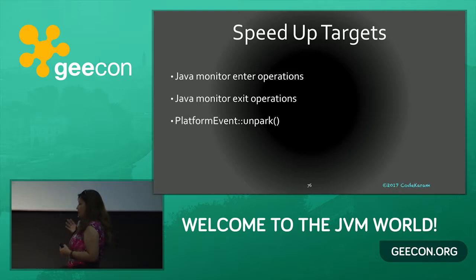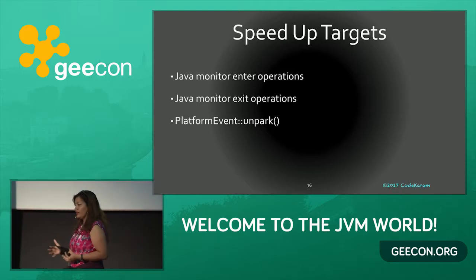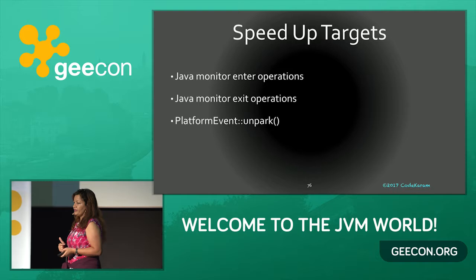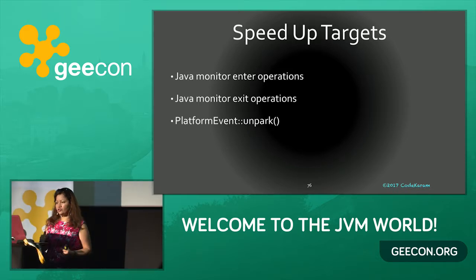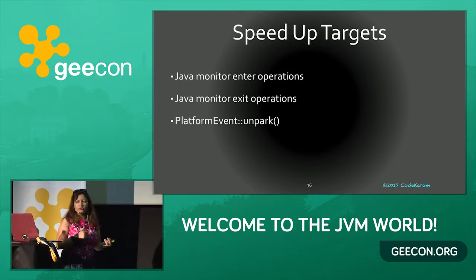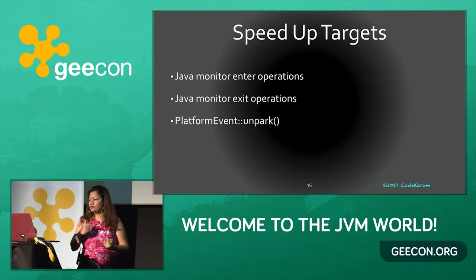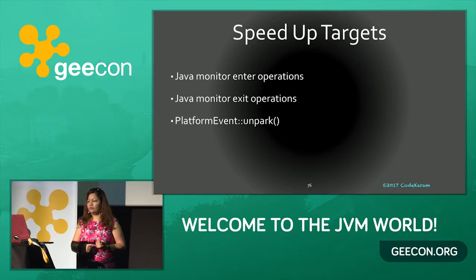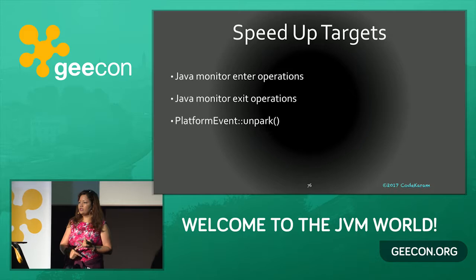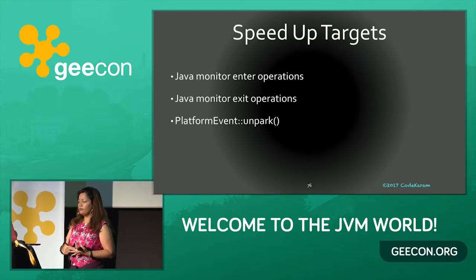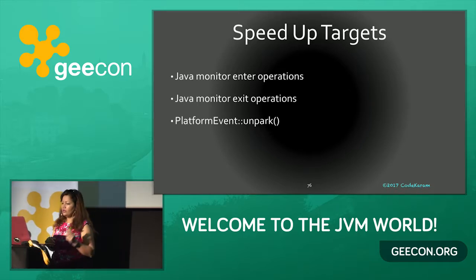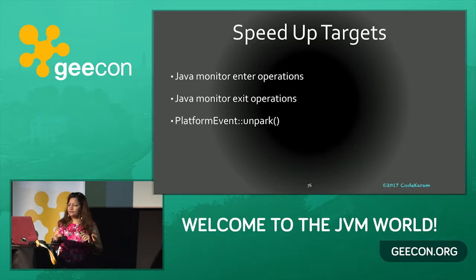So usually a JEP will have these targets and everything specified, and this is what I took from that page. The speedup targets were Java monitor enter operations, Java monitor exit operations, platform event unpark, and a couple of others. So let's just pick these three.